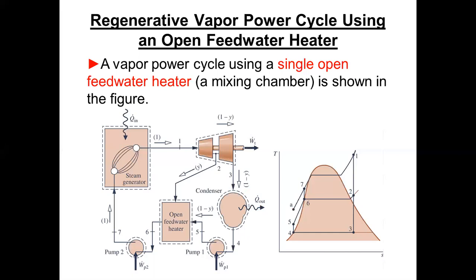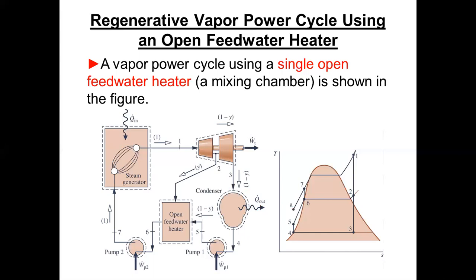Okay, and so you see the Q dot out, that is actually accomplished by river water, lake water, or cooling tower water that's pumped into and out of the condenser, picks up 10 to 20 degrees in temperature, and takes that heat out and dumps it to the environment, either the lake or the atmosphere.